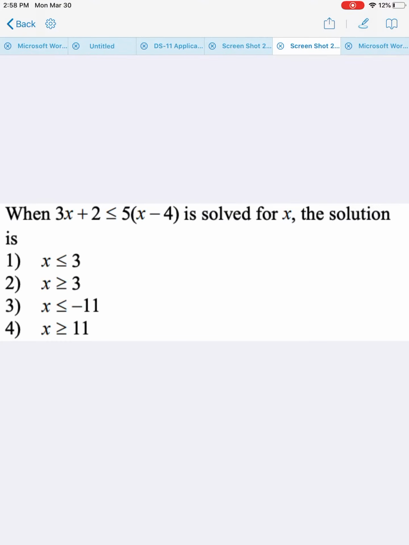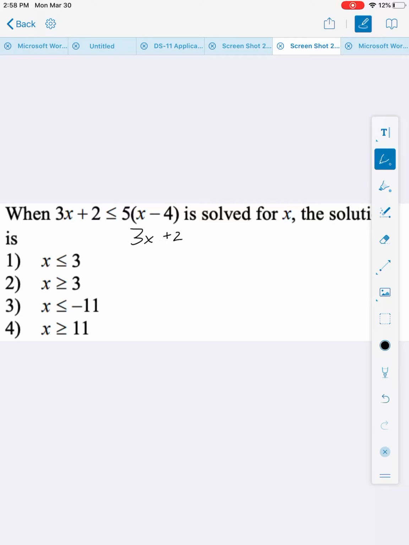Question number 5 was another kind of equation, but this time solving an inequality. I'm just going to rewrite it for myself as 3x plus 2 is less than or equal to, and I'm going to distribute the 5 right away to both the x and the negative 4 to give me 5x minus 20.